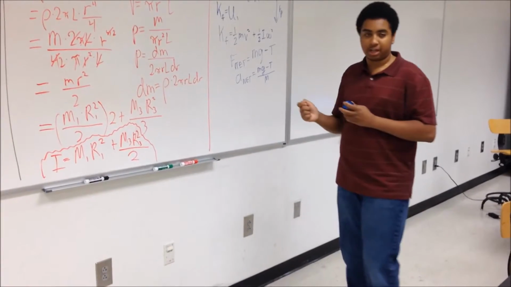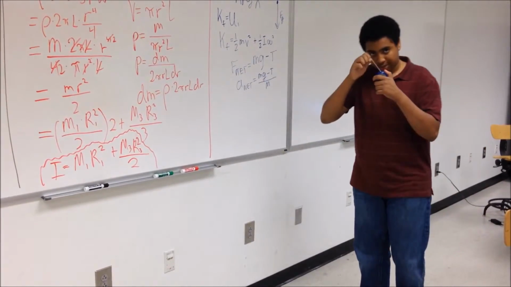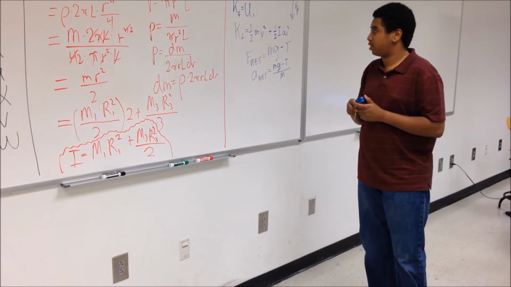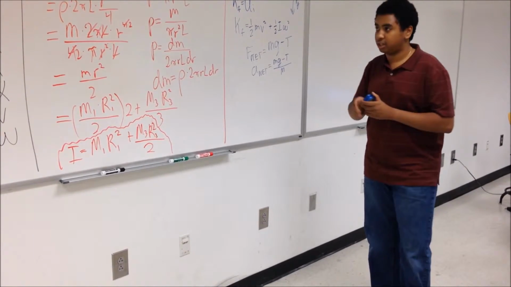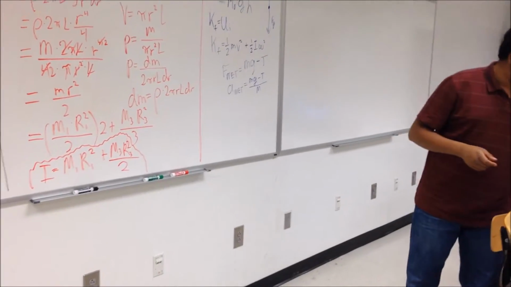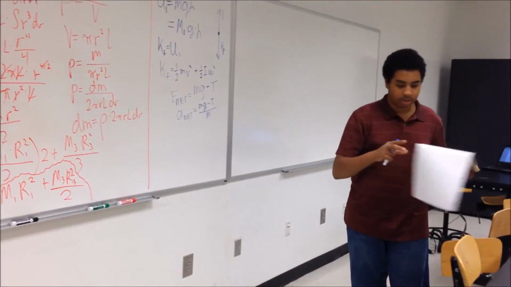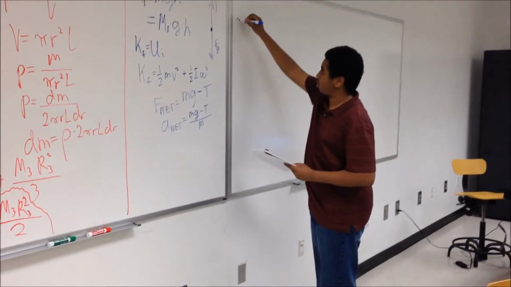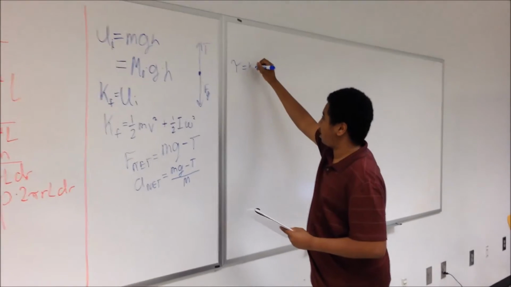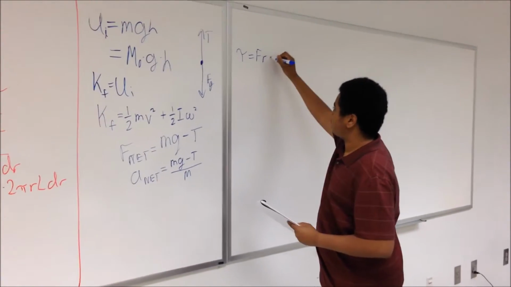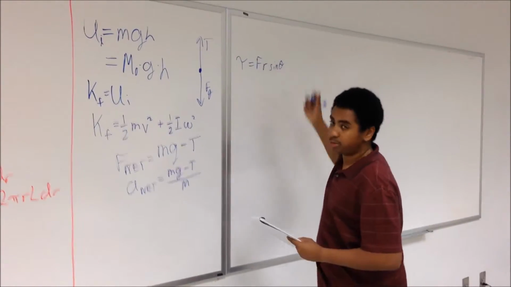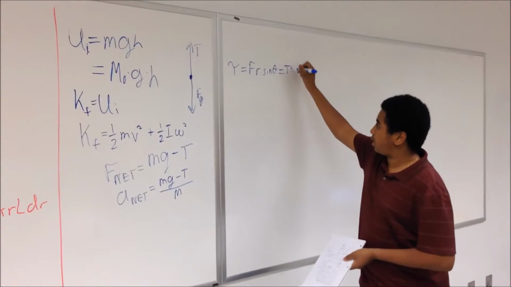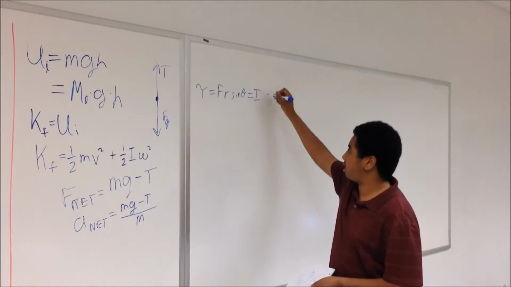So in some of my calculations, the ones where I'm dealing just with tension, I'm going to be specifically referencing the inner cylinder. But then when I'm trying to generalize it, I'm going to have to go back to dealing with the whole thing. So what we have to do is use torque. I'm going to move over here. Torque is equal to F R sine of theta, but we don't need to deal with the sine of theta because it's a circle. It's also equal to I, which is the moment of inertia, times alpha.